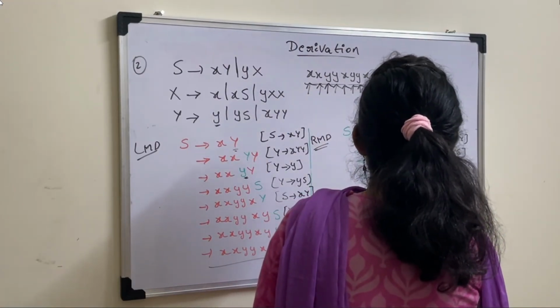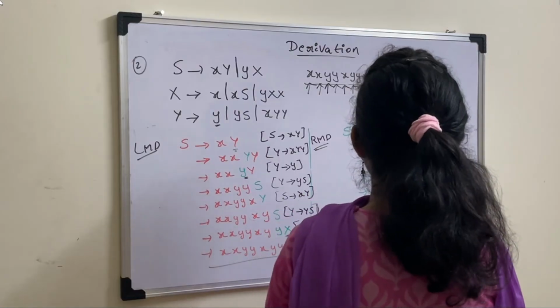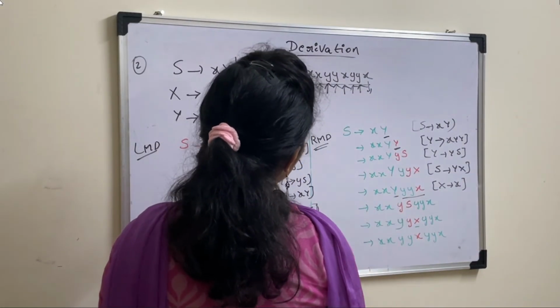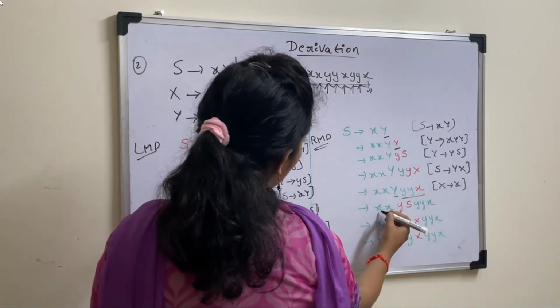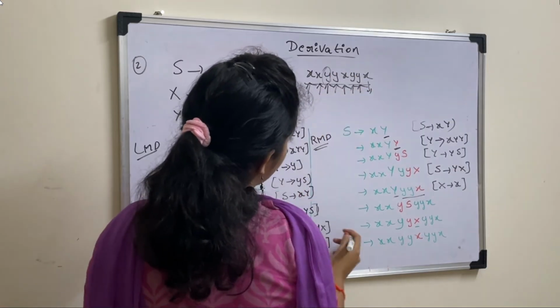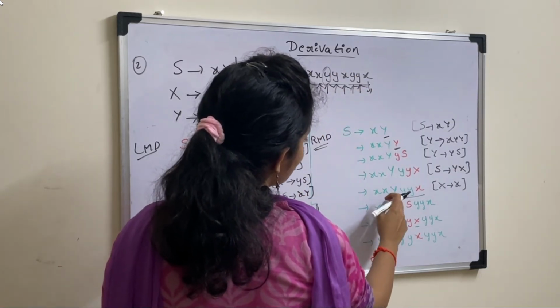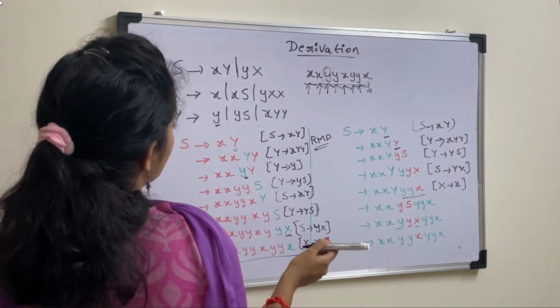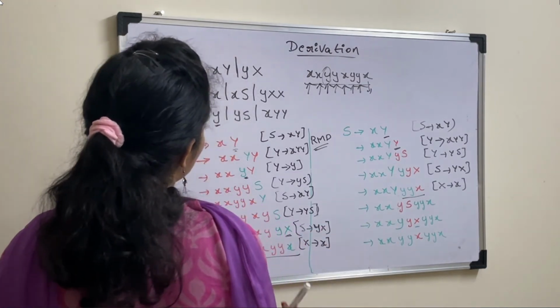So what is the leftover non-terminal to be replaced? Here we have capital Y. So that Y should be replaced in such a way that, here we already have xx, the next string should be y. So this Y should be selected in such a way that it produces y as a terminal symbol.